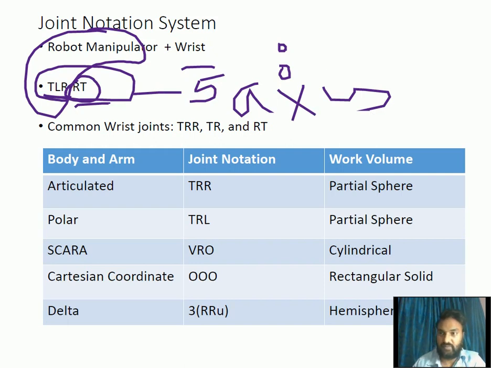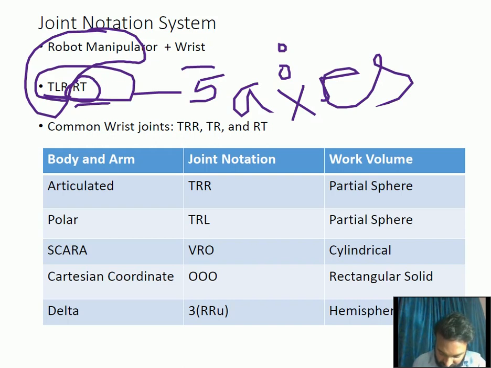So common wrist joints are like TRR, TR and RT. TRR when you are using 6-axis, then TLR:TRR. On TR and RT, as you know, rotational, twisting and rotational.